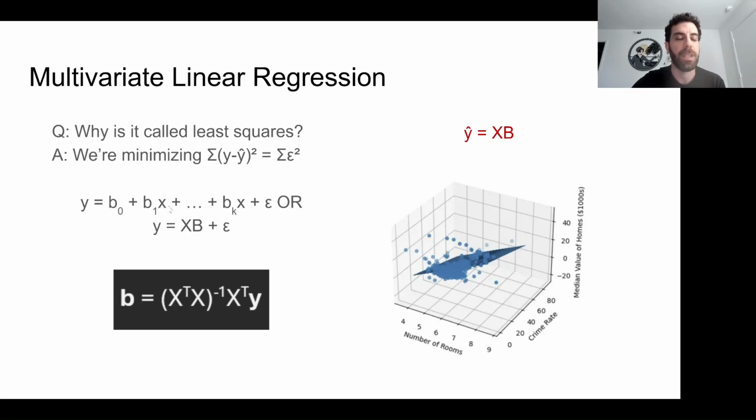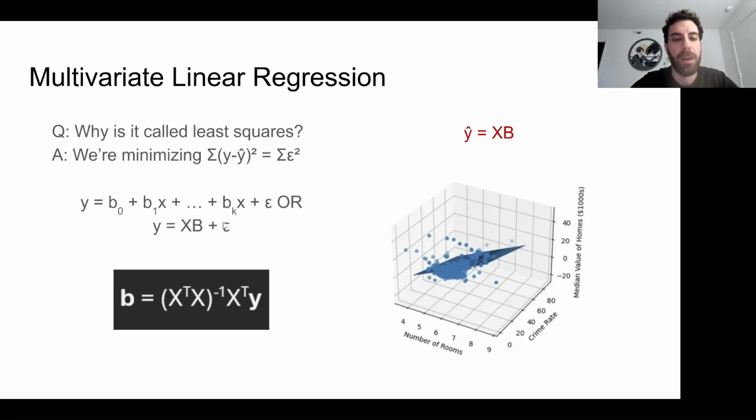In fact, each of these x's should have an index as well, x1 to xk, if you're going to write it in scalar form. But more commonly, it's written in matrix form, where x is all of your independent variables. Each column is one independent variable. Beta is your beta vector, which should actually not be capitalized. That's a typo on my part.